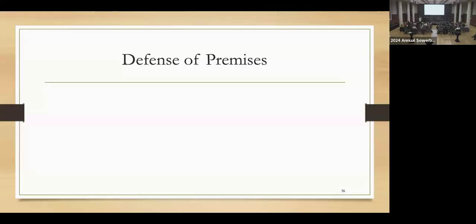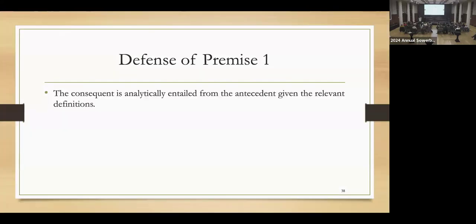Okay, so let's defend the premises. The first one I structured to be true analytically. The consequence just follows from how I'm defining things, like a singular term picks out a single thing, and so forth. A little bit more interesting is why would anyone think that the OMB's 1997 race terms are singular terms? Well, I think we can get motivation for that empirically from Directive Number 15 itself.